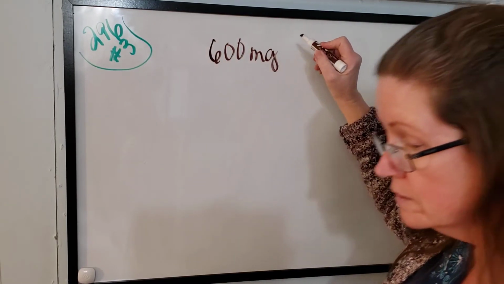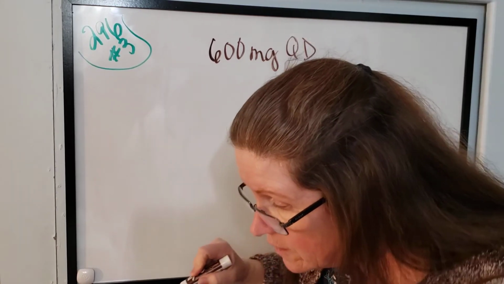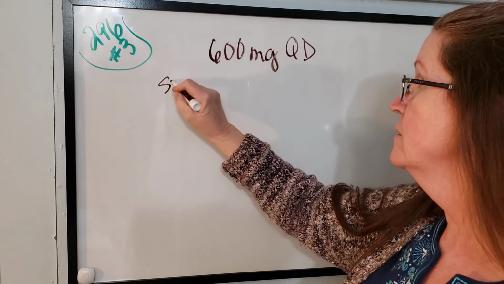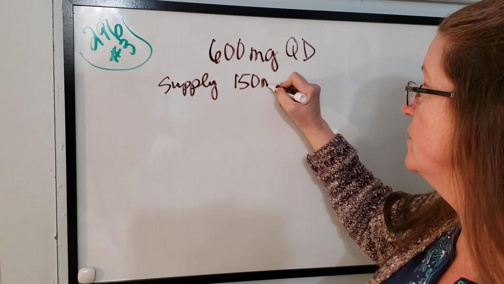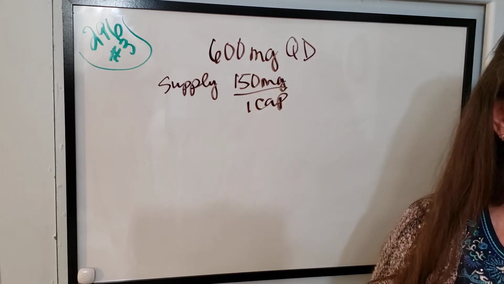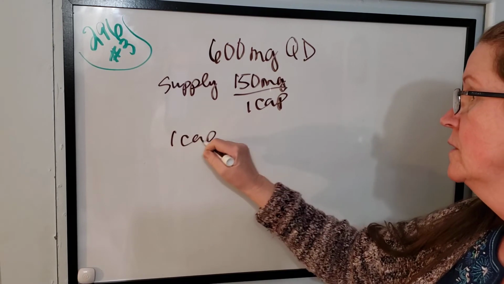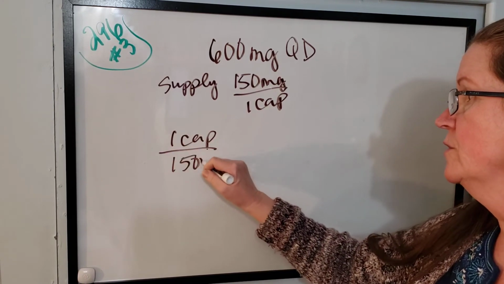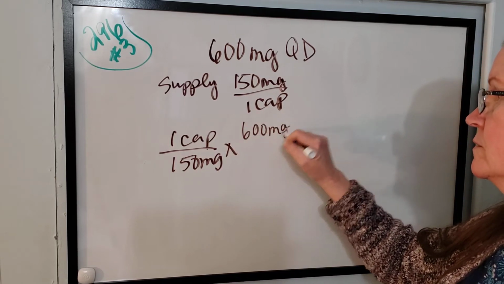Okay. 600 milligrams QD, and our supply is 150 milligrams per capsule. So we want to give them 600 milligrams. One capsule is 150 milligrams, and I want 600 milligrams.